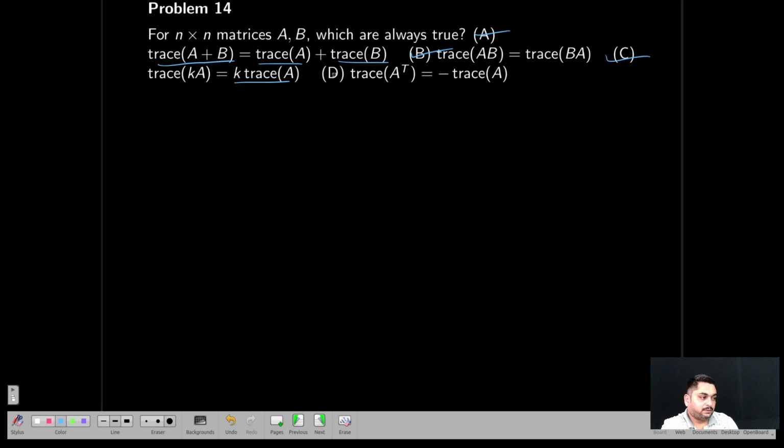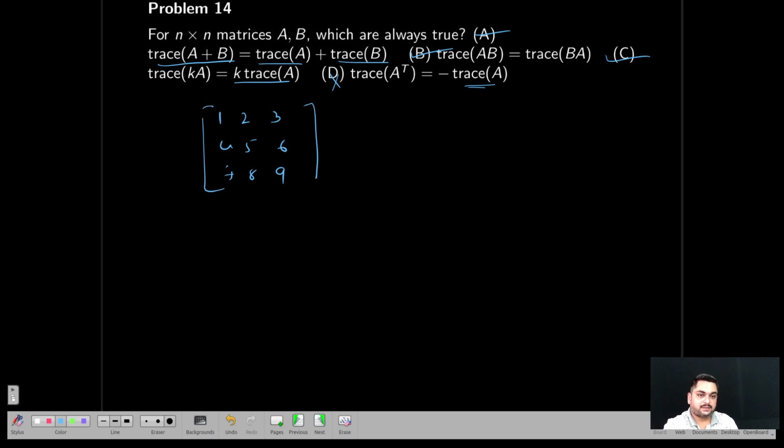Then D, trace of A transpose equal to minus trace of A. So this is not true, right? Trace of A transpose is not equal to minus trace of A. See, when I take the transpose of a matrix, the diagonal elements remain same. So let us say 1, 2, 3, 4, 5, 6, 7, 8, 9.